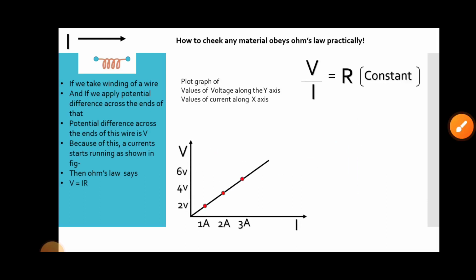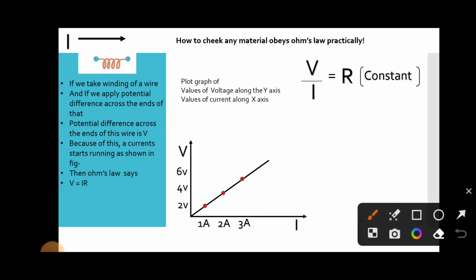Let's understand by the figure. Let's take this example of a graph. If Ohm's law is valid, then if we double the voltage, here 2 volts, let's make it 4 volts, then the current must get doubled. Here it is 2 ampere.